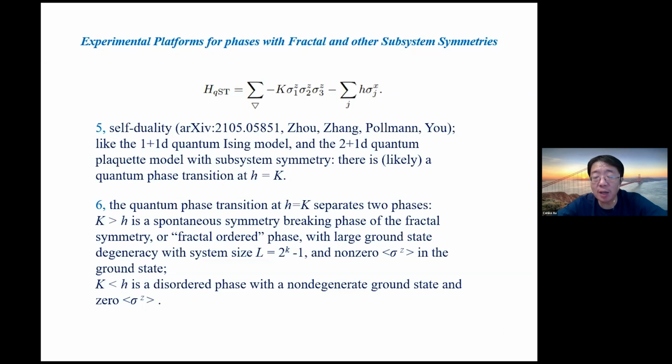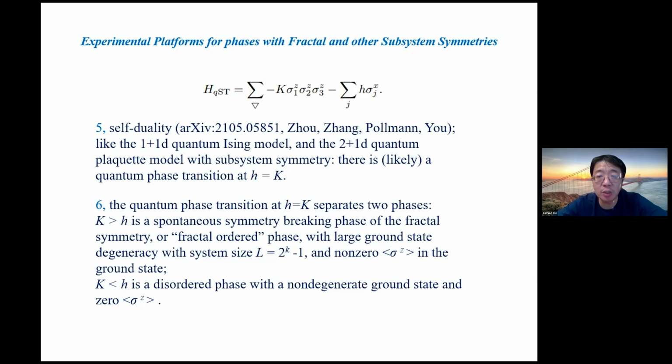So this h equals k phase transition separates two phases. When k is greater than h, the model will spontaneously break the fractal symmetry, which I mentioned before, so it is a fractal ordered phase. The ground state will have a massive degeneracy, because we can do a fractal subsystem transformation on the ground state and get a new ground state.